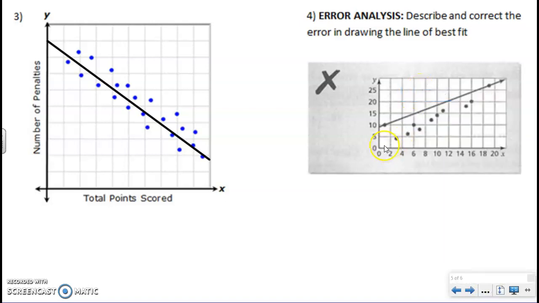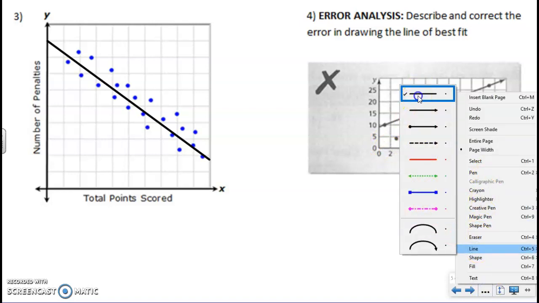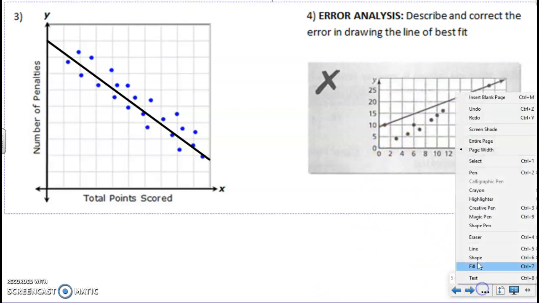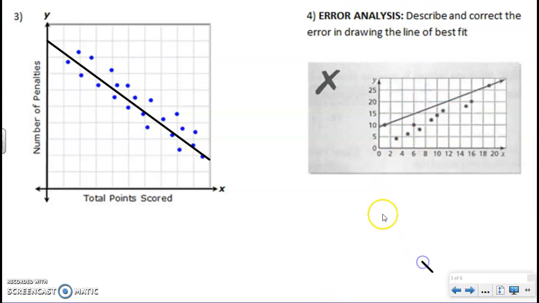So my line of best fit here, I would say is actually quite a bit lower. Let's try this. Line of best fit. Say that's probably a little bit closer to a line of best fit.